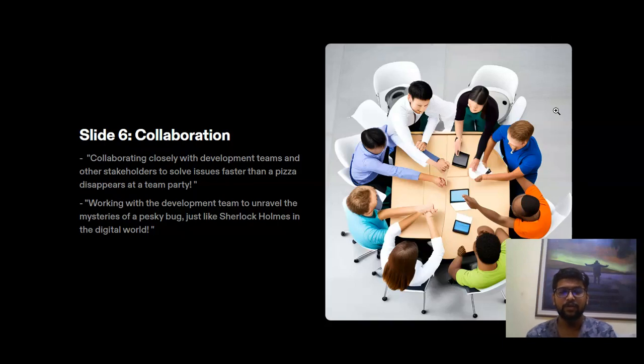You need to check whether the database team is available or not, and assign that particular issue to the database team. So collaboration is one of the important tasks for an application support engineer. An example is working with a development team to resolve the issues.